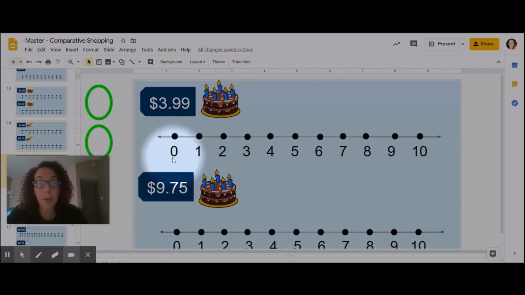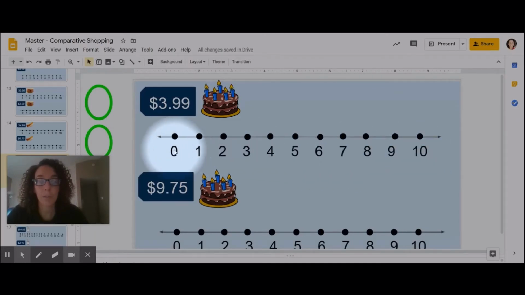Let's count the numbers together. What's this number? Yeah, this one can be tricky because we don't see it as much. This is 0. That's nothing. 0, 1, 2, 3, 4, 5, 6, 7, 8, 9, 10.